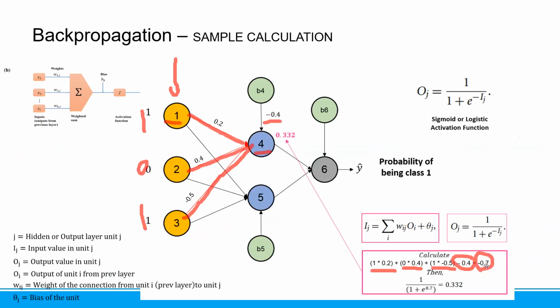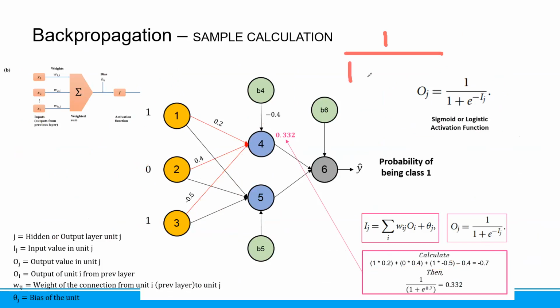And after I have the minus 0.7, as I mentioned, we need to calculate with the activation function. What is the activation function here? It depends on the formula. Now I'm using the sigmoid function. Then I can just put the value 1 divided by 1 plus the natural number e to the power of minus 0.7.